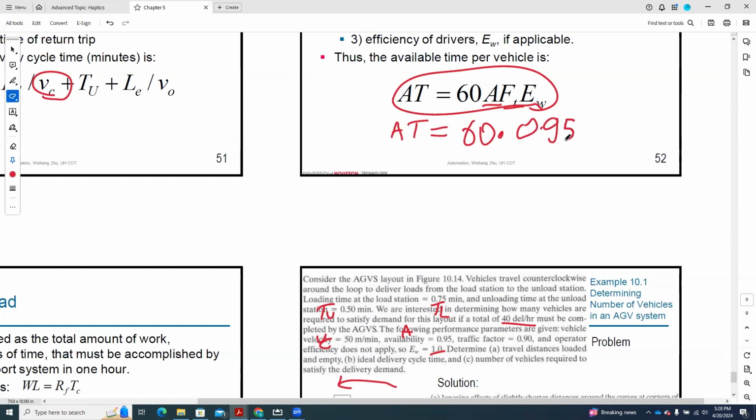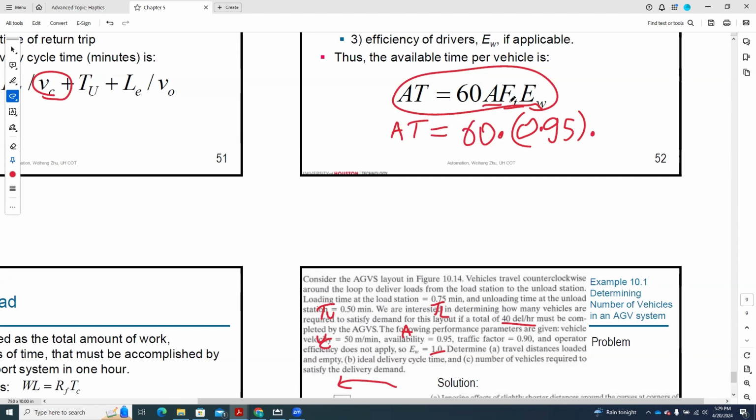Availability means the vehicles or machines are not available 24/7. They have to be repaired, they have to rest, they have to charge, and so on. If availability is 1, that means the vehicle is available 24/7. If it is less than 1, that means we cannot use it 24/7. So here it says we can use the vehicle 95% of the time.